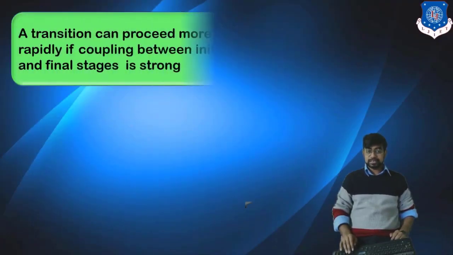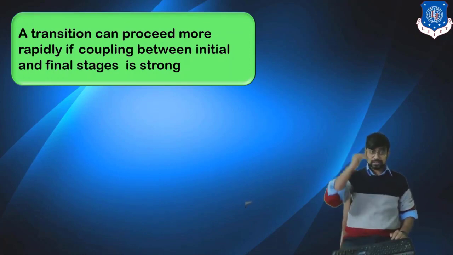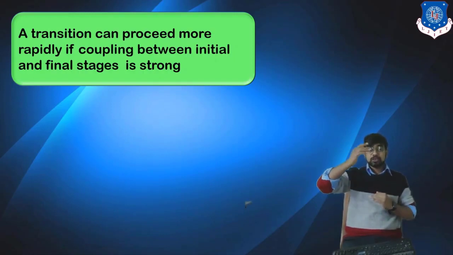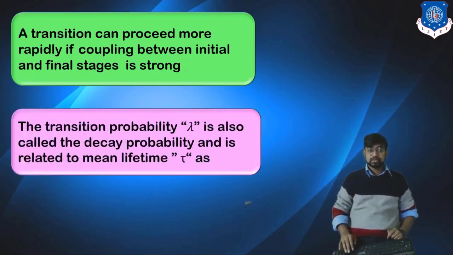When we take this into consideration, a transition can proceed more rapidly if the coupling between the initial and the final state is strong. If the coupling between these two states is strong, the transition would be simpler and comparatively very rapid in nature. The transition probability lambda is also called the decay probability and is related to the mean lifetime, tau.